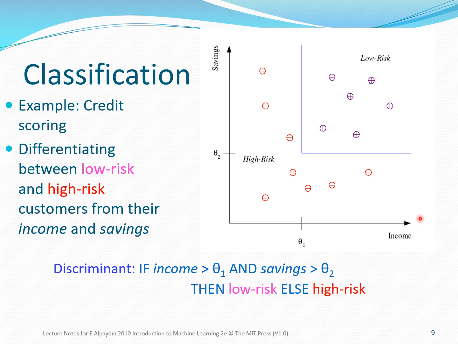And its sign actually indicates the classes. For simplicity, only two customer attributes, that is income and savings, are taken as the input and two classes are taken, that is low risk, which is mentioned here as a plus sign in violet color, and high risk, which is mentioned here as a minus sign in red color.